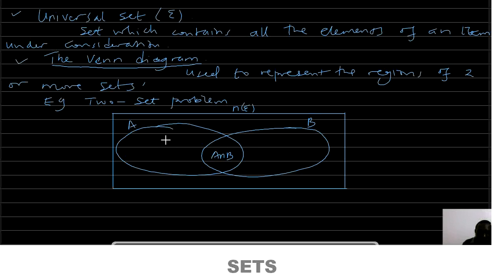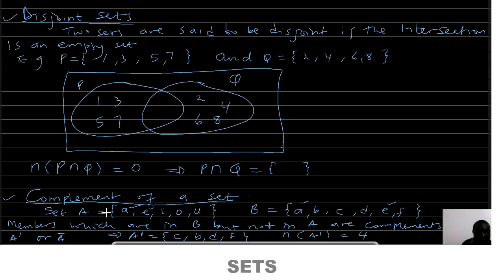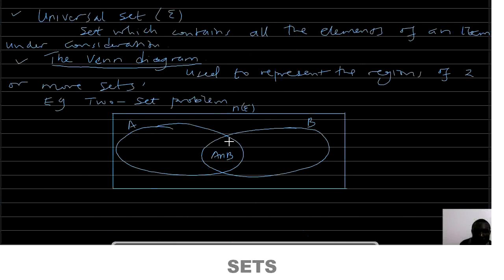We talked about complement, saying that if set A is here, set B is here, members which are in B but not in A are complements of set A. So members who are here but not here are complements of set A. In this region, you can see that there is no member of set A, because the whole of this over here is for set B. So if we shade it off, we shall not have any member of set A. That means this region here is the complement of A intersection.